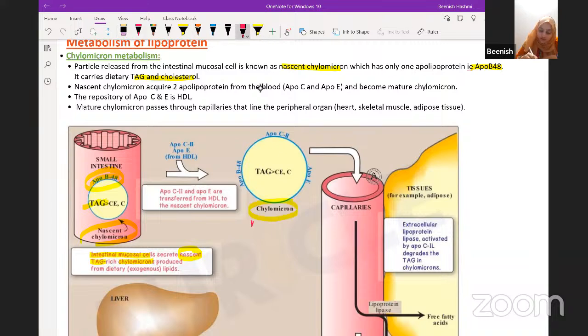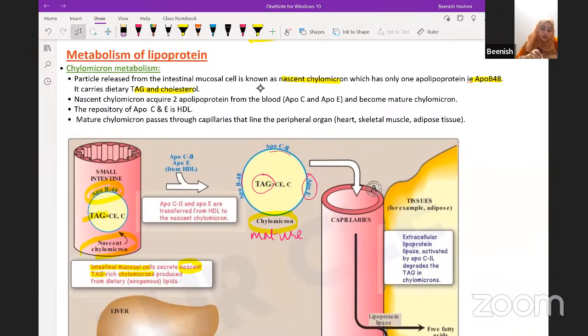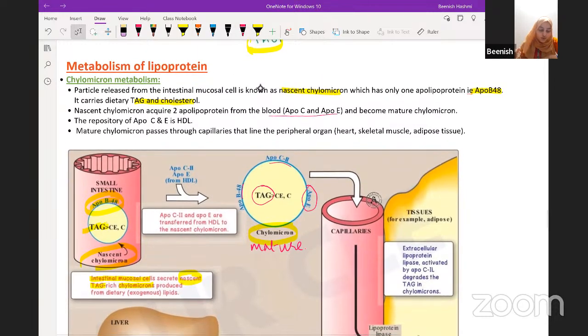This mature chylomicron has exogenous TAG and three apolipoproteins, that is B48, C2 and ApoE. So nascent chylomicron acquires two apolipoproteins from the blood, ApoC2 and ApoE, and becomes mature chylomicron.